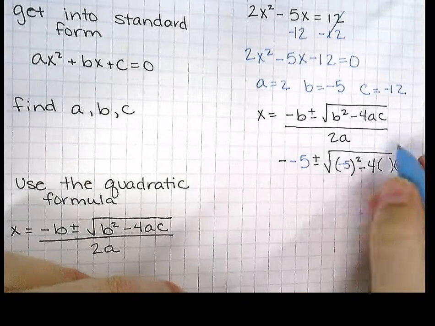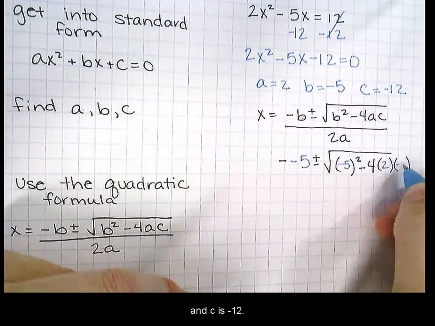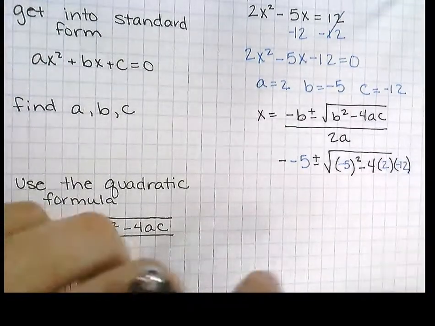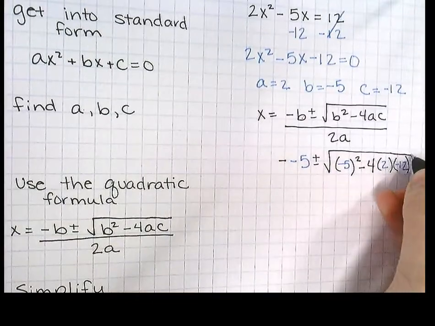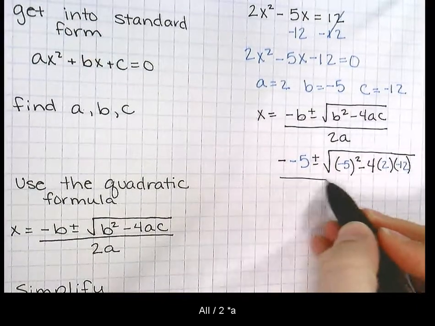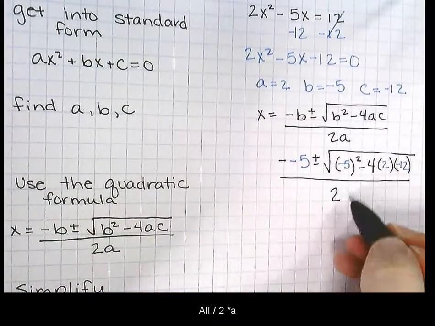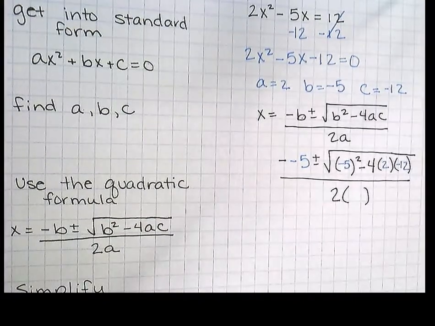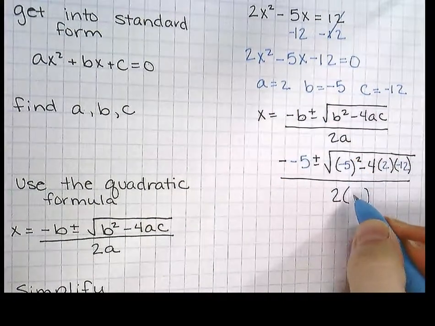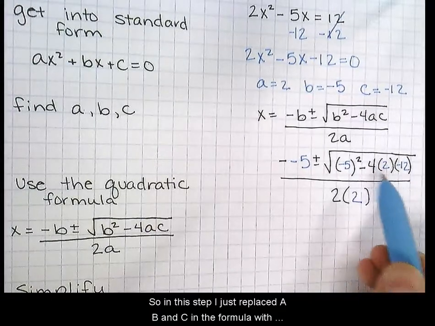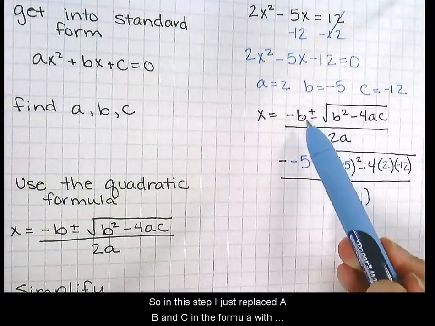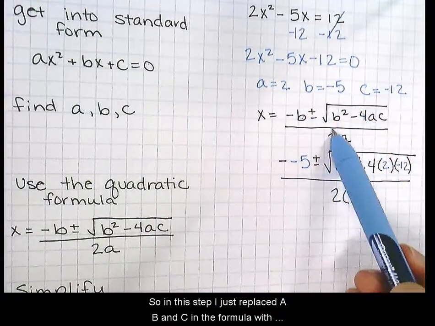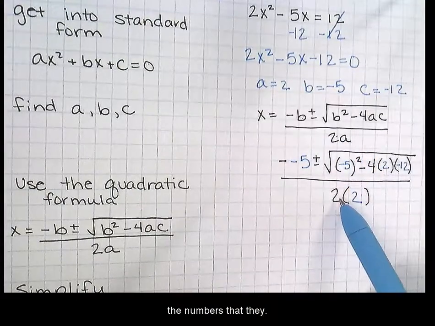A is 2 and c is negative 12. All divided by 2 times a. A is 2. So in this step, I've just replaced A, B, and C in the formula with the numbers that they represent.